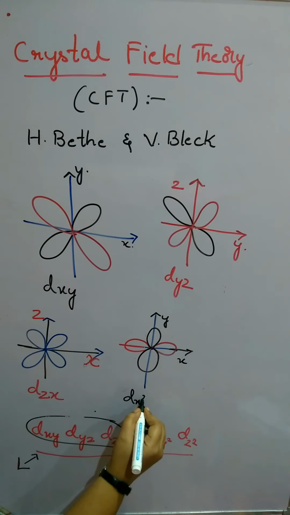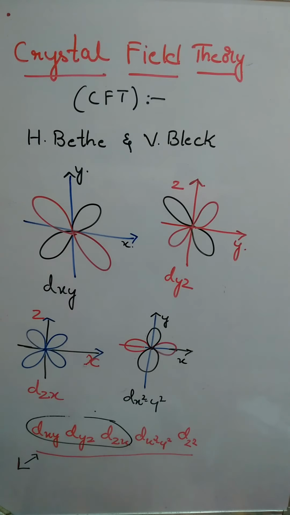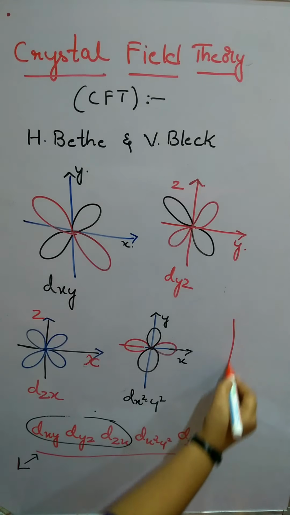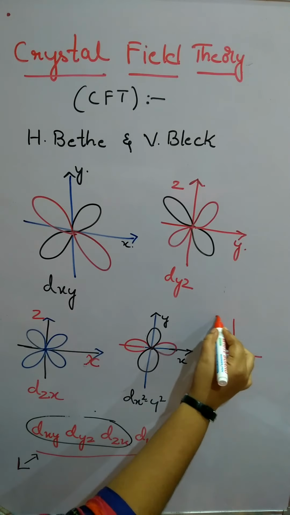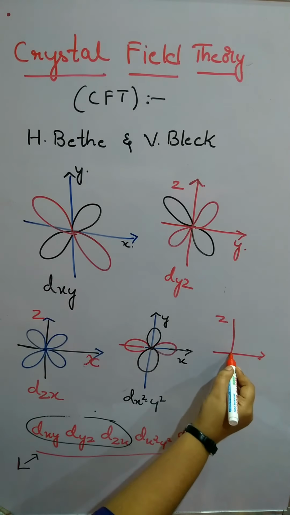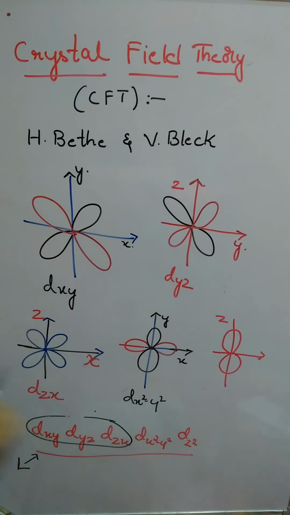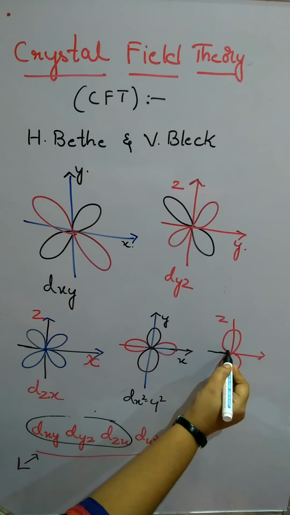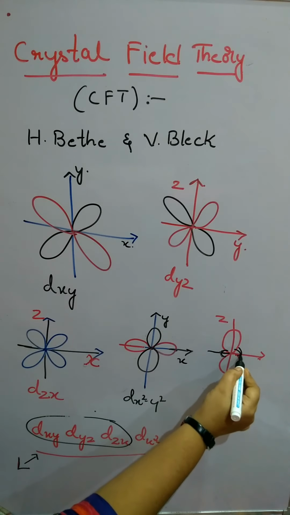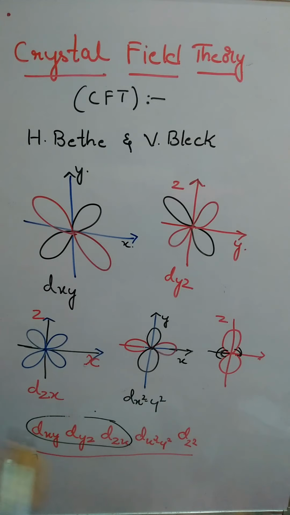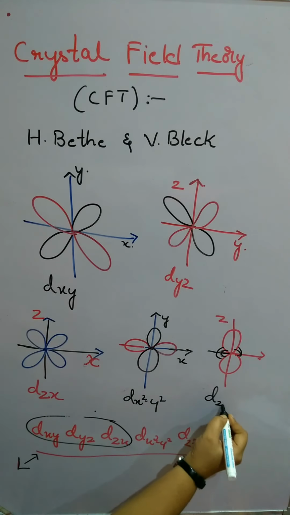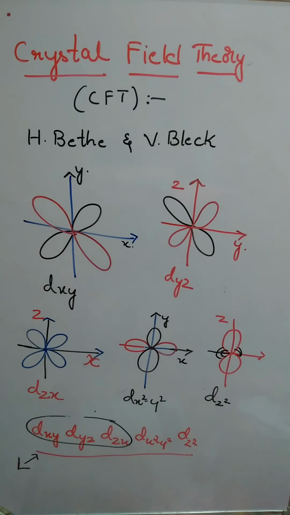This is dx square minus y square. This is dz square. So we have five d orbitals here.